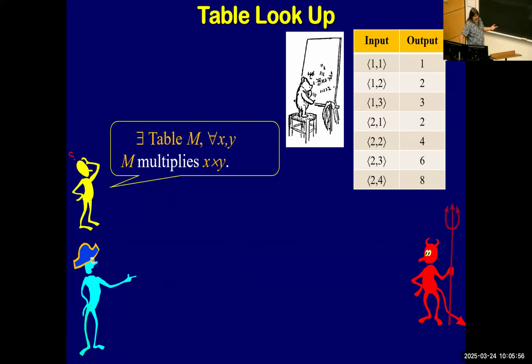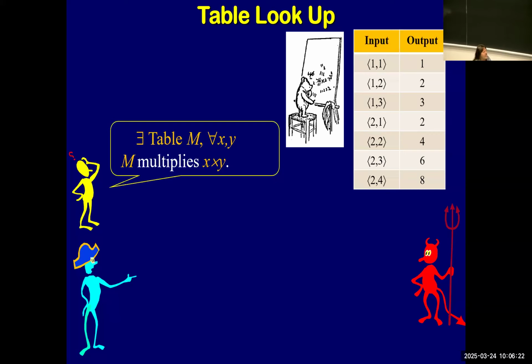All right, so here's a different statement. There exists a table that for every x and y knows how to multiply them. Is that true? How many people think that's true? How many people think it's not true? No, I keep saying this, guys.